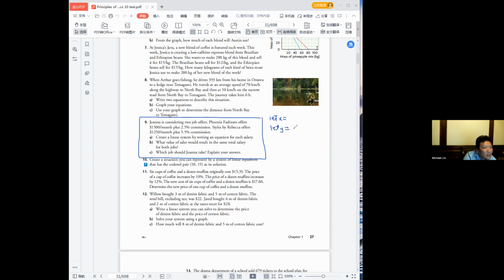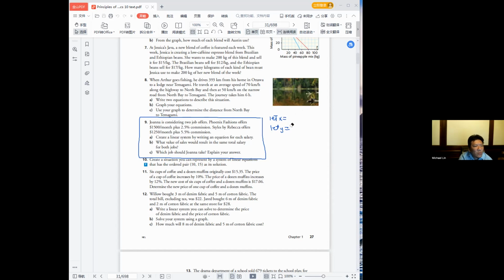$1,050 per month and $1,250 per month. So let X represent what? The Phoenix Fashions offers. You have to be a little bit more specific. Okay.